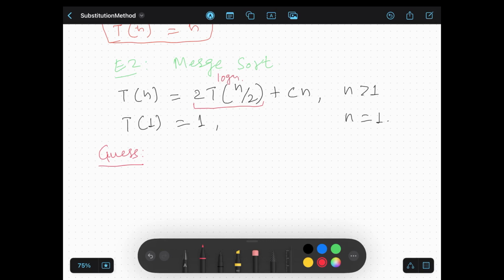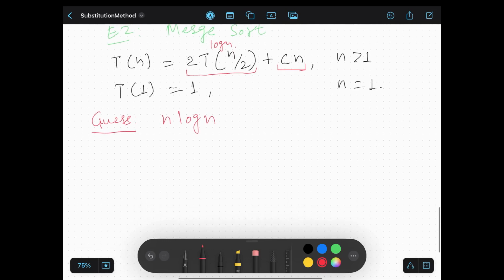And this log n is being done. When this is done, there is n work being done every time. So then, can we guess the time complexity will be n log n, right?